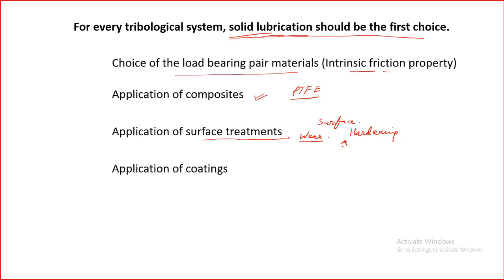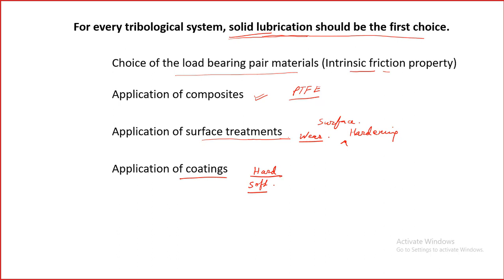Then application of coatings. Coatings are a very special case because it is very important that we select the coating appropriately, because the coating may delaminate and that will cause more harm than good. So whether we are selecting a hard coating or soft coating, we should be very careful about that. A hard coating, if delaminated, can lead to more wear.